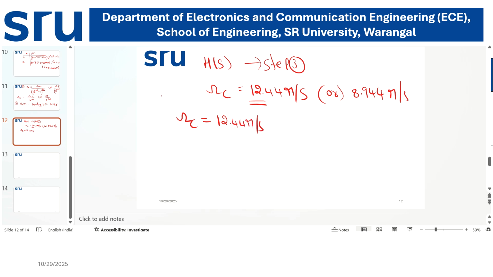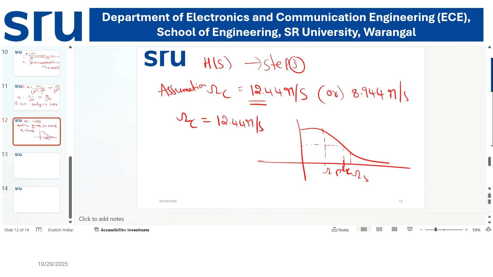This is for assumption. So make sure that the cutoff frequency will always be in terms of the passband frequency and stop band frequency, and you have to consider the highest. This is the cutoff frequency where the signal has a gain exactly half of the maximum gain.